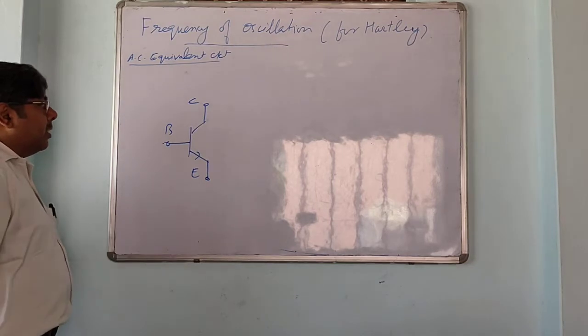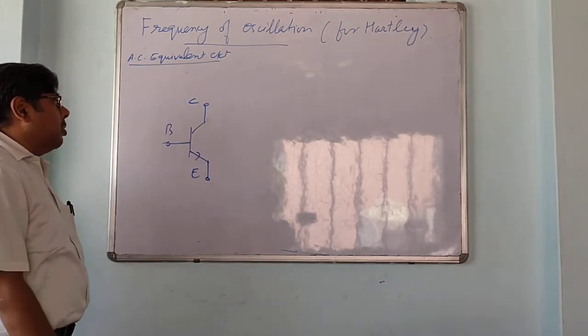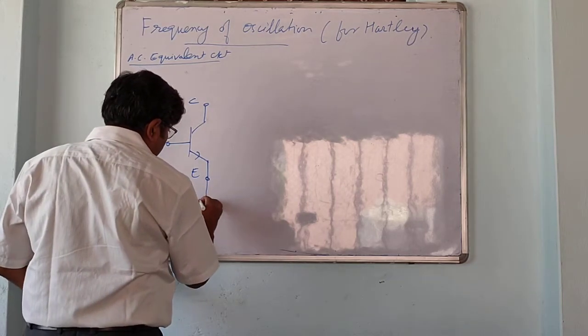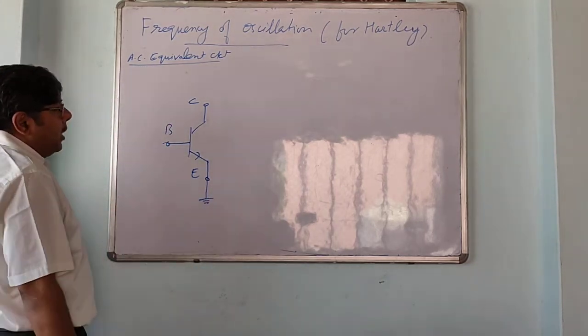For AC analysis, capacitors are shorted. So this is grounded, and the emitter is grounded.